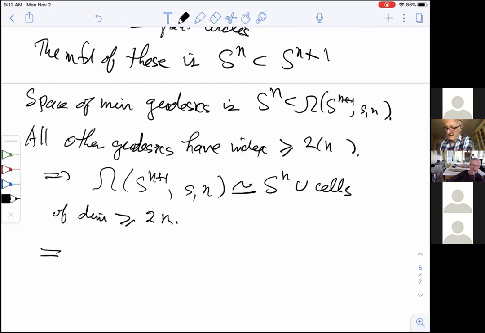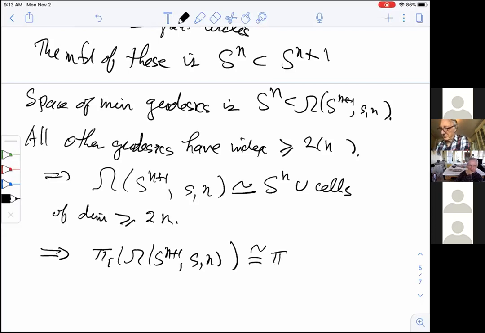So that tells us that the inclusion of these minimal geodesics into the loop space gives an isomorphism on homotopy for i less than 2n minus 2, I guess.